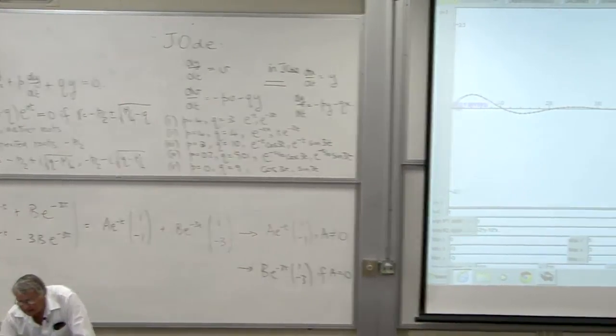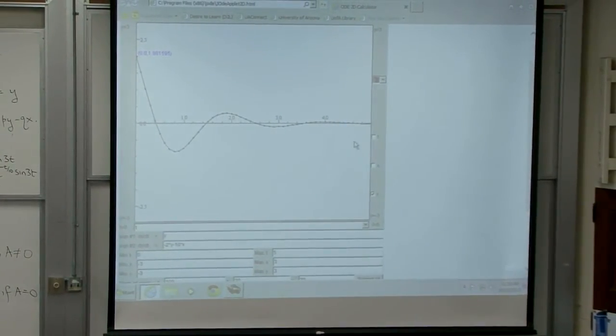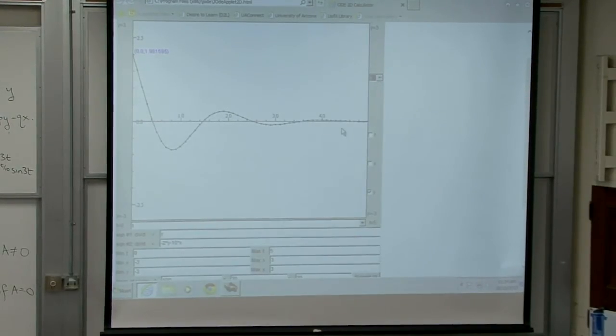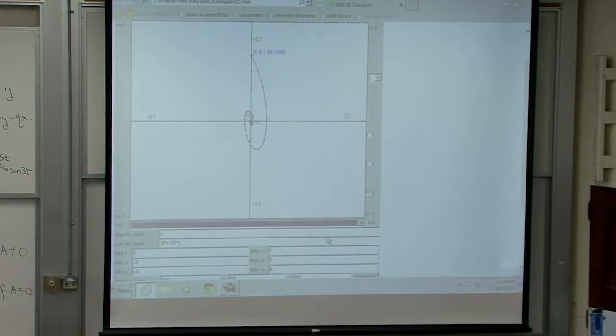All right, now I'll draw the y again. So this is the velocity of the same motion, starting off with an initial velocity downwards of 2, and the initial position is 0, and that's the way the velocity performs. Now if I want to go to the y-x plane, then you can see what happens. I start here, this is the velocity axis, this is the displacement axis.